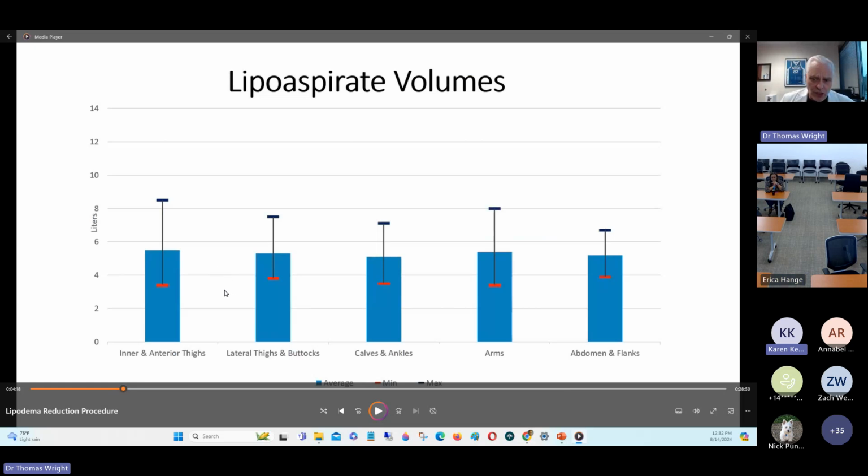The largest is doing the inner and anterior thighs. We do stage this and do this in multiple surgeries. I feel like there's a limit to how much liposuction should be done in one.